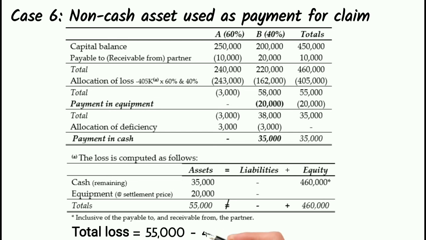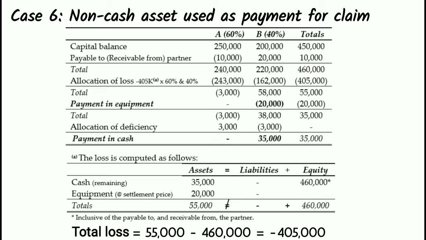55,000 pesos minus 460,000 pesos, that is equal to negative 405,000 pesos. At yung negative 405,000 pesos, yan yung i-allocate natin na loss sa mga partners.